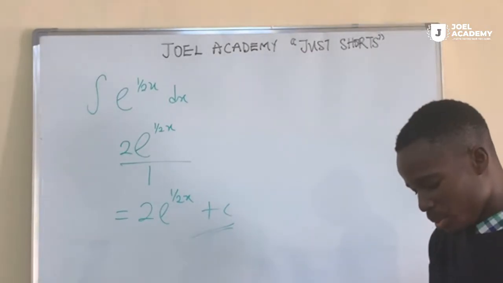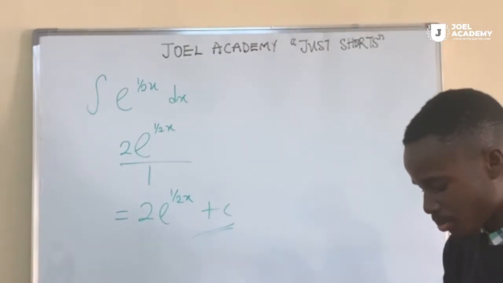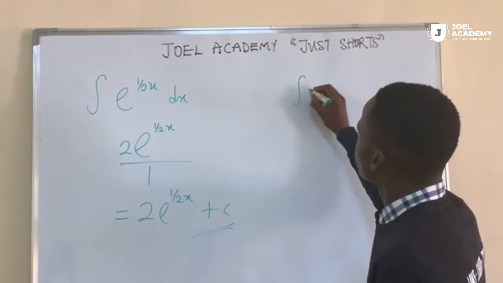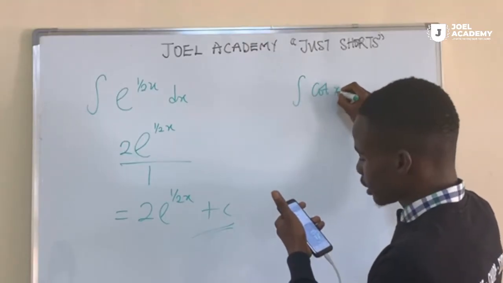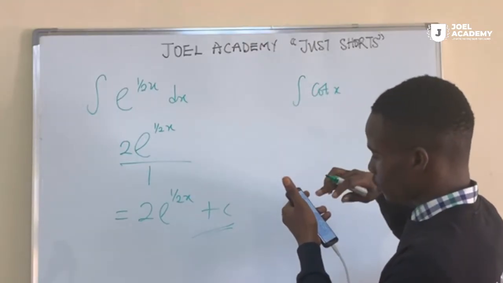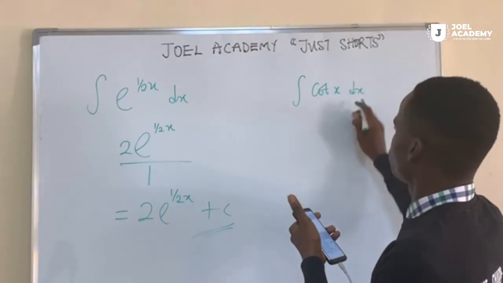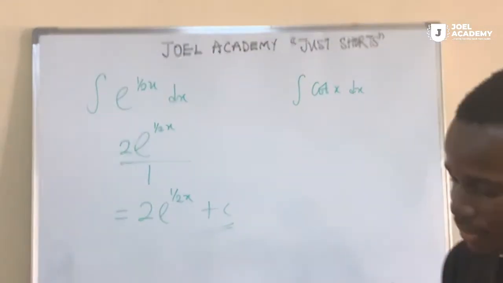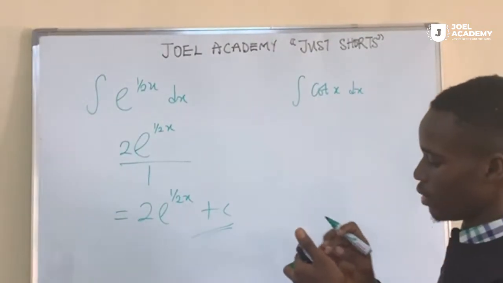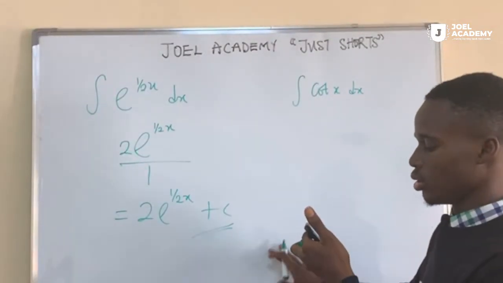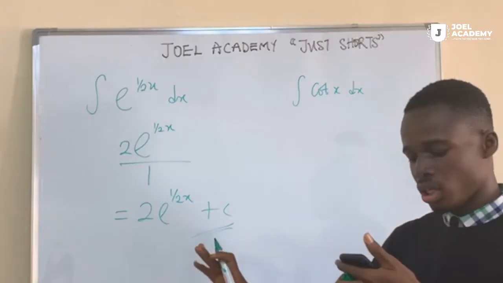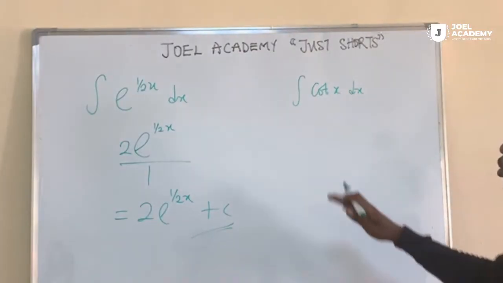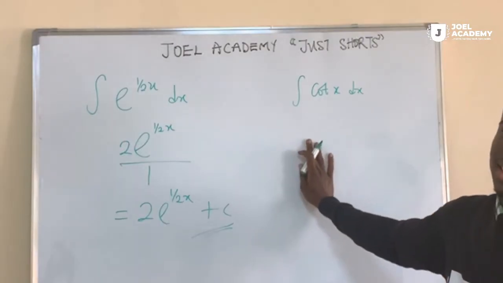Now we've been told to integrate cot x with respect to x. Our answer is given in terms of ln cot, ln cos, ln sin x, ln sec x. So what I need you to know is that cot is the inverse of tan.